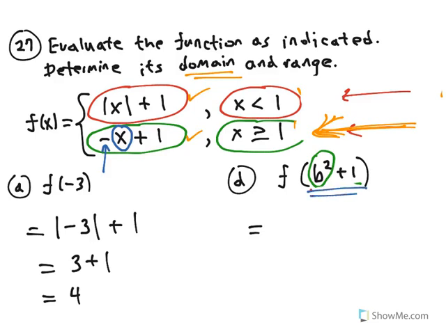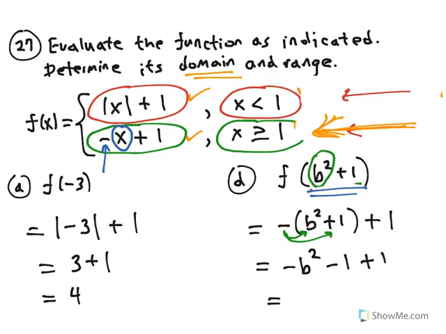So the input is b squared plus 1. I'm going to take b squared plus 1, multiply it by -1, and then add 1. When I distribute the negative sign, I will get negative b squared minus 1 plus 1, which would just be negative b squared.